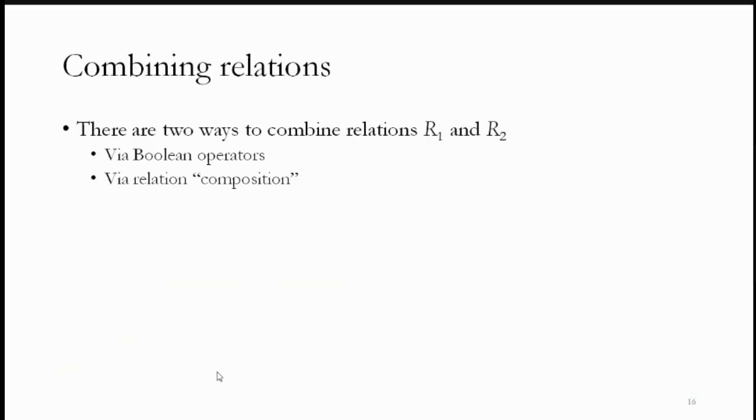There are two ways to combine the relations R1 and R2. One is via Boolean operations. We have seen the Boolean operations in the last lectures: union, intersection and minus operations. Another is composition operations.